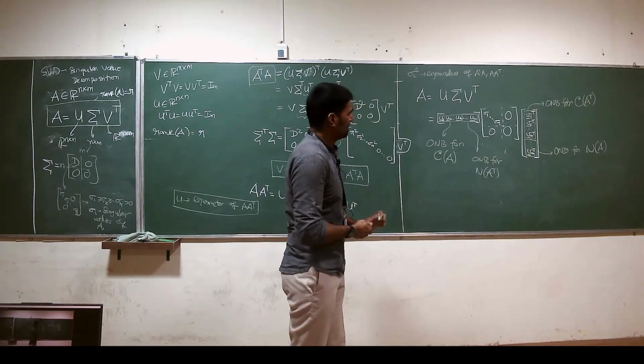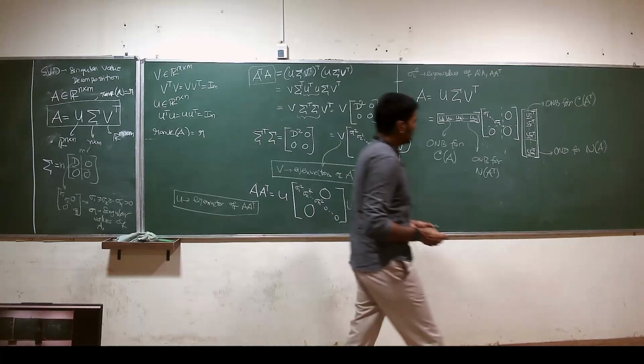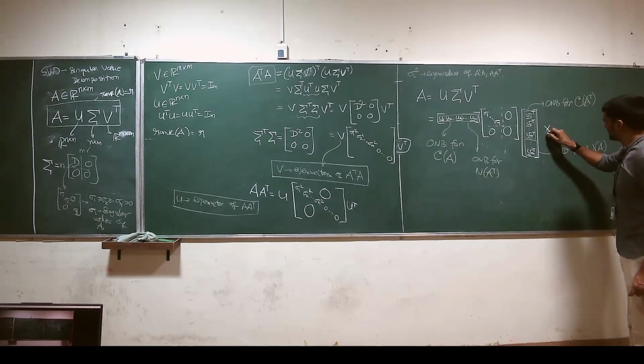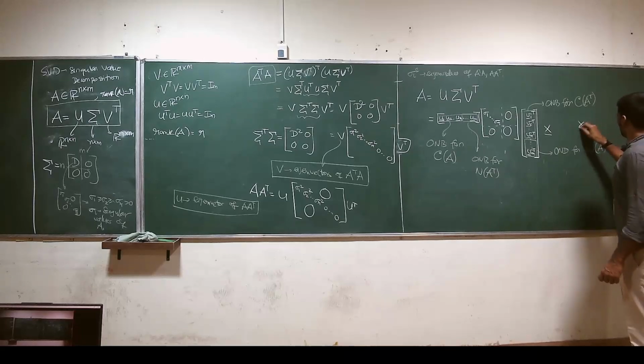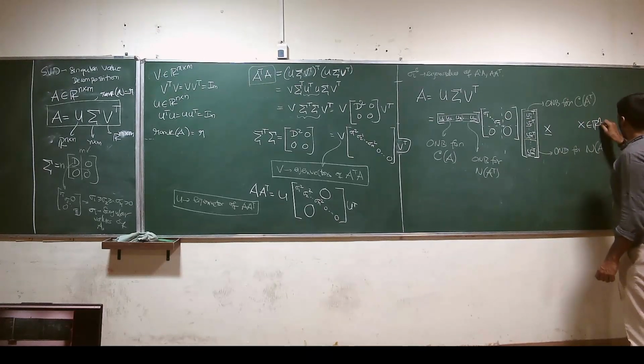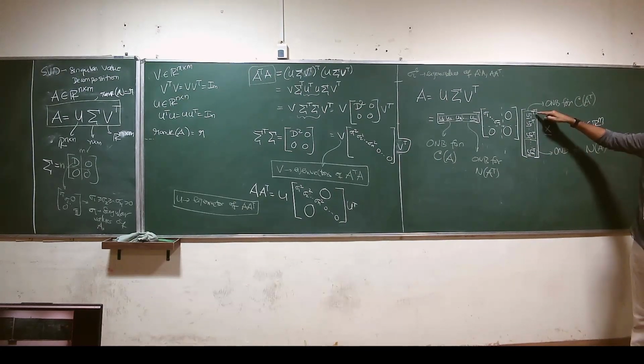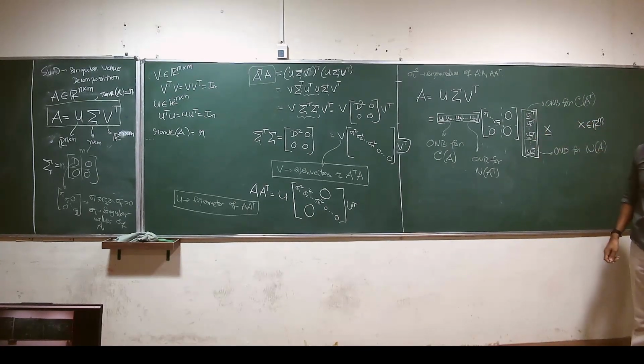Okay. So if you look at this, right, if I take any vector x, okay, x belonging to Rn or M, sorry. If I multiply these two, I'll get another column vector, and the column vector will simply be V1 transpose x, V2 transpose x, so on and so forth.